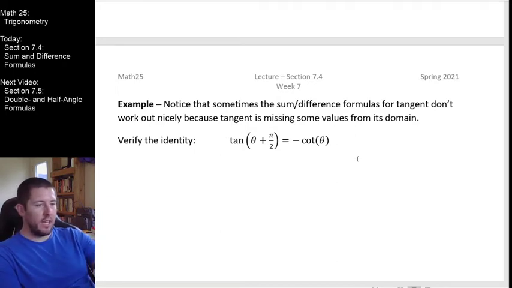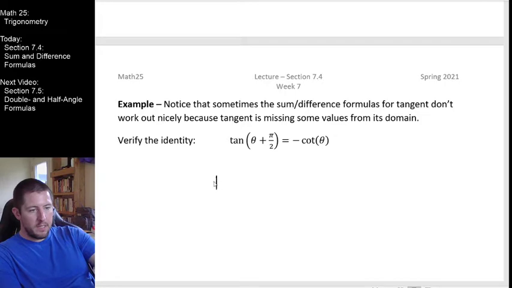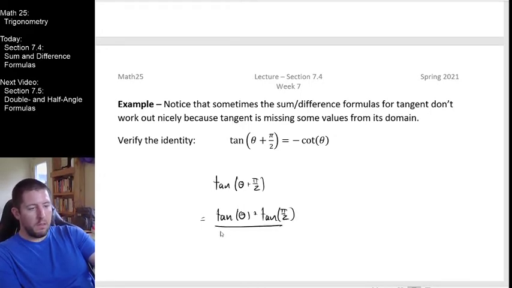So let's take a look at this. If I try to verify the identity, you might say, okay, I'm going to Mexican hat dance my way to victory here. This should be tangent of theta plus pi halves, and I'm going to say this is tan A plus tan B, all over 1 minus tan A tan B. But this is a problem.